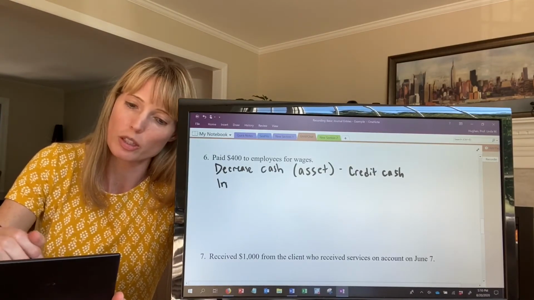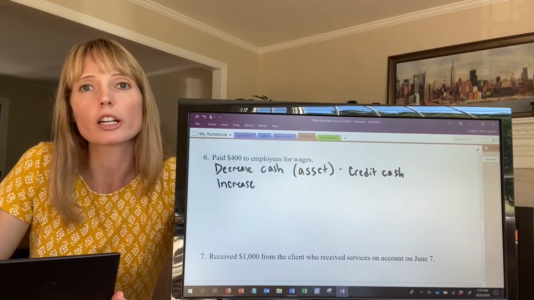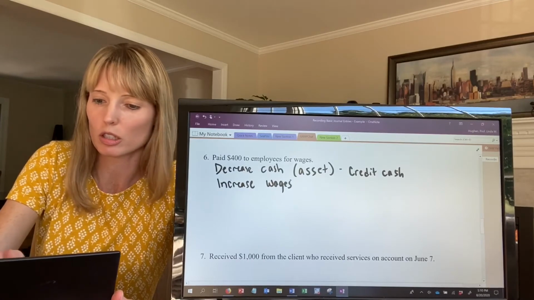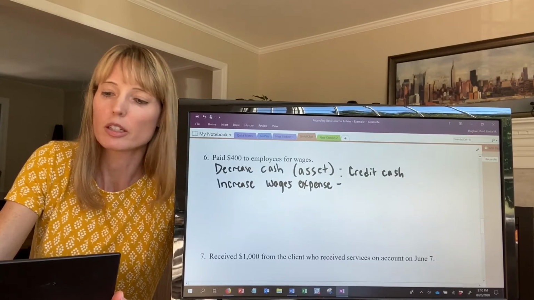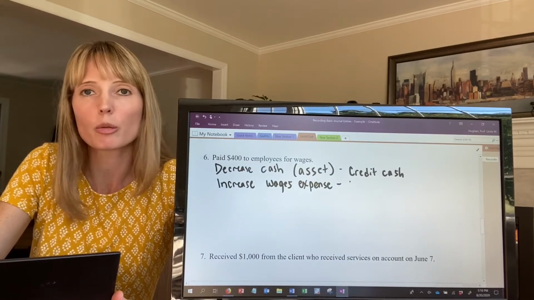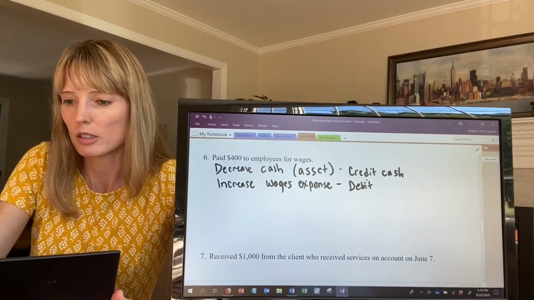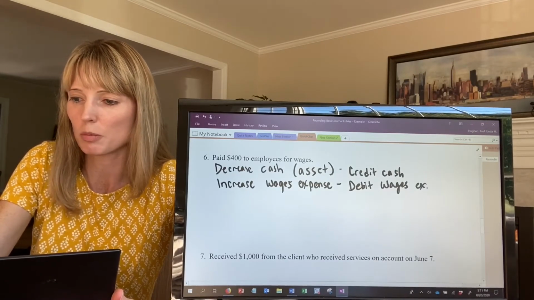It's a word that starts with an E. Costs incurred to run a business are expenses. So we need to increase wages or salaries and wages expense. And that's an expense account, clearly. And how do we increase expenses, with a debit or a credit? Let's debit wages expense or salaries and wages expense.